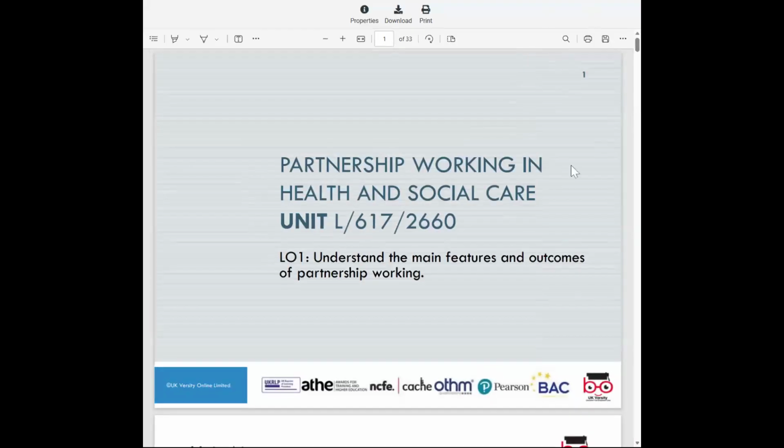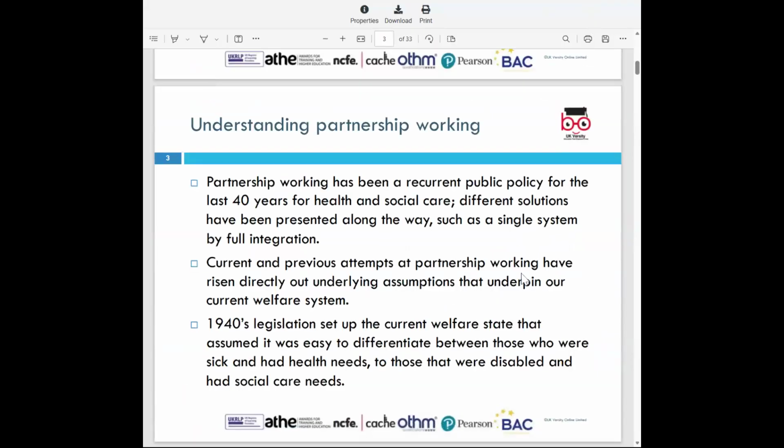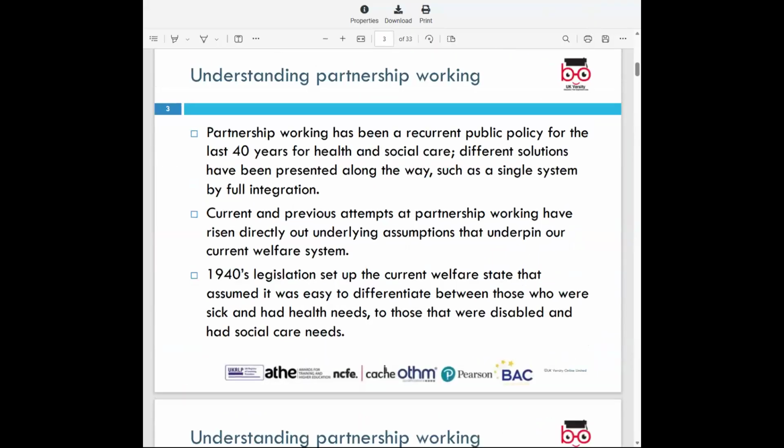The first learning outcome is understanding the main features and outcomes of partnership working. The unit aim is to develop your skills with productive partnership working with your own and other organizations. Partnership working has been around for about 40 years within health and social care.